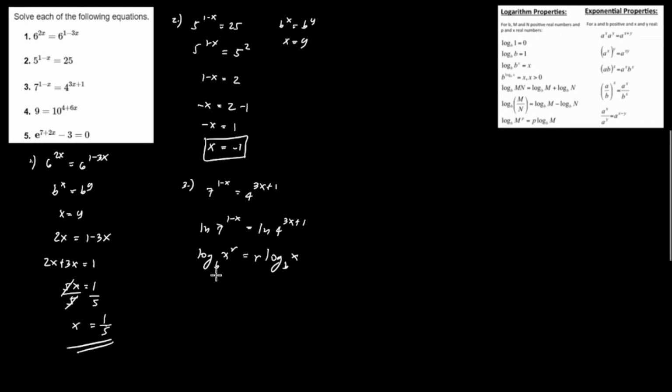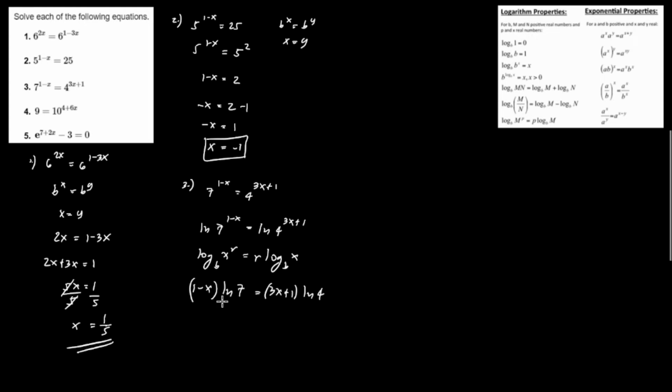Or in terms of ln, the exponent is 1 minus x, multiplied by ln of 7. For ln of 4 with exponent 3x plus 1, this is 3x plus 1 in parentheses, multiplied by ln of 4. Distribute ln of 7 and ln of 4.